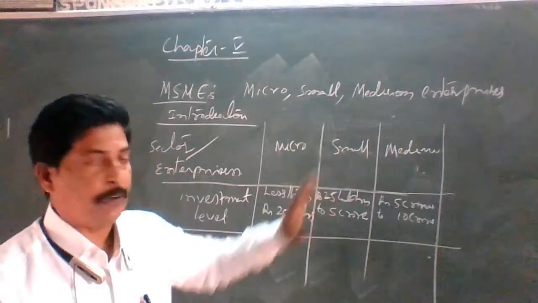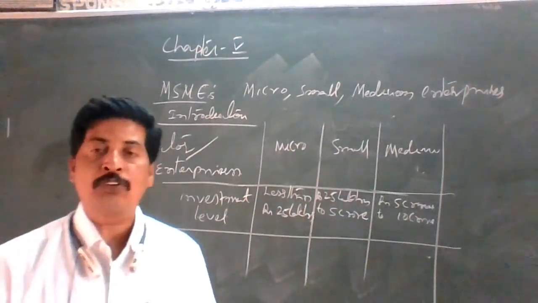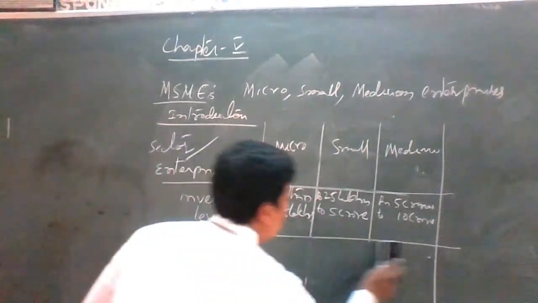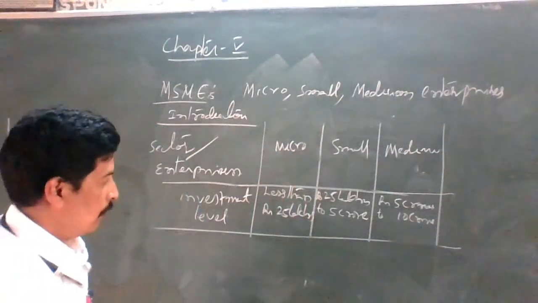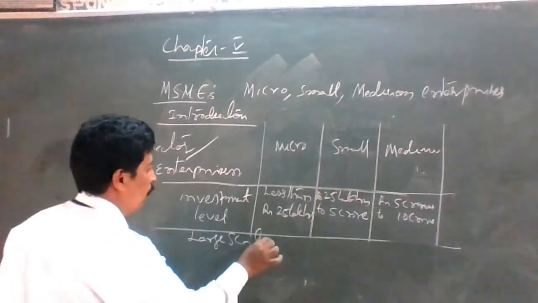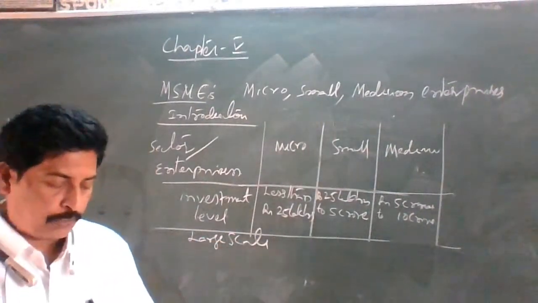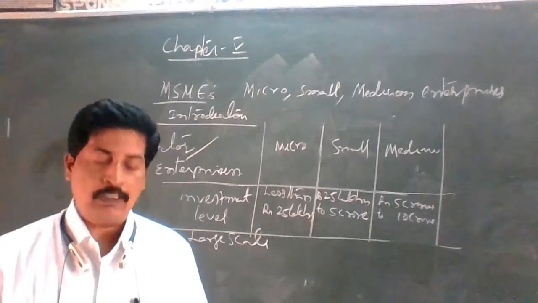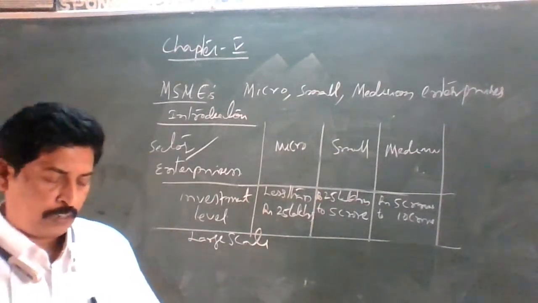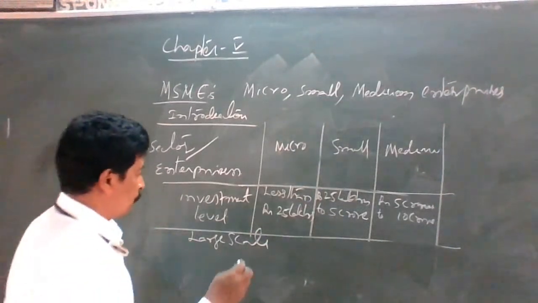Whereas for large scale units, the investment is rupees 10 crore to 100 crores.